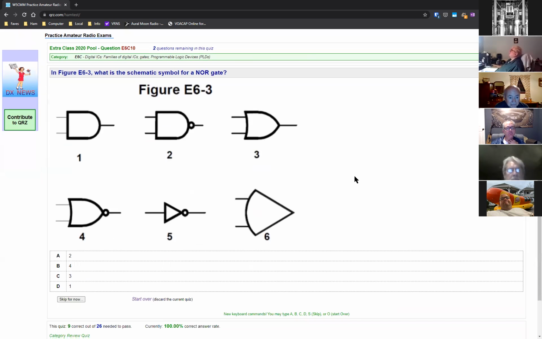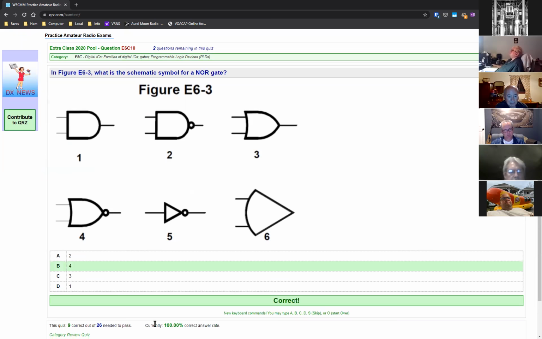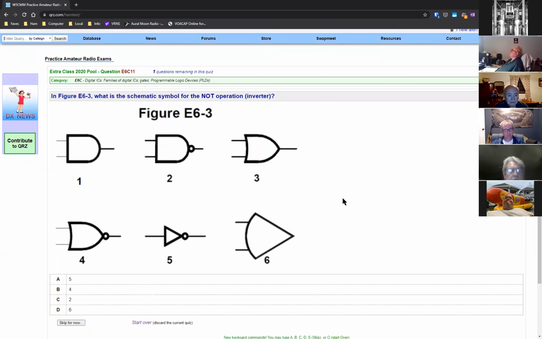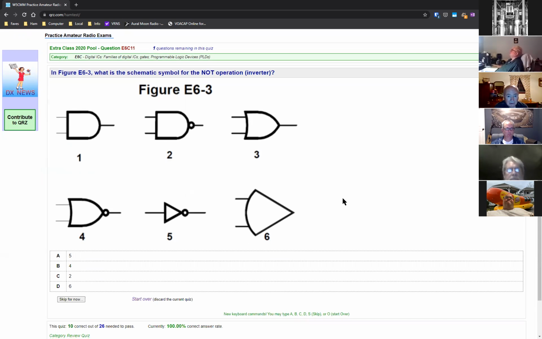Okay, in E6-3, what is the symbol for a NOR gate? B like in Baker. Yeah, that's an OR. Number three is an OR. Number four is an OR with a negator, so that becomes a NOR. So B. In figure E6-3, what is the schematic symbol for the NOT operation or an inverter?